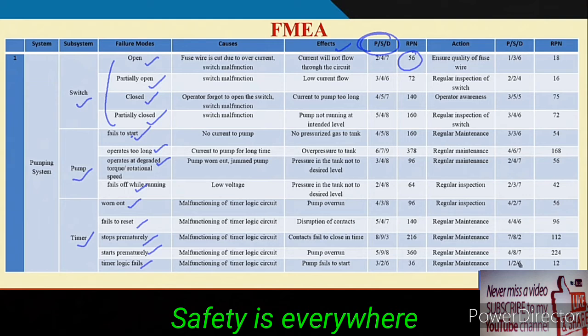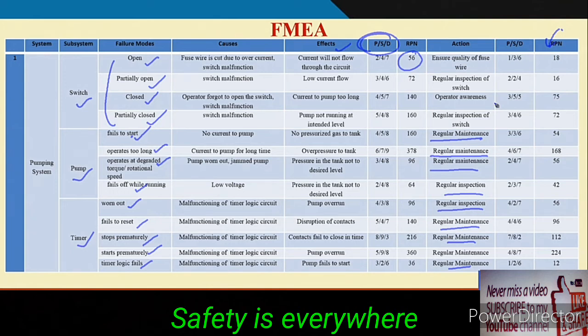But ultimately our aim here is, suppose these are not done properly, so even with regular maintenance and inspection, if it is done adequately, there is a chance of reduction of P, S and D. What we have assumed, because this is a hypothetical example, is that these risk control systems are not adequately performing. Inspection and maintenance are everything there, but there may be loopholes.